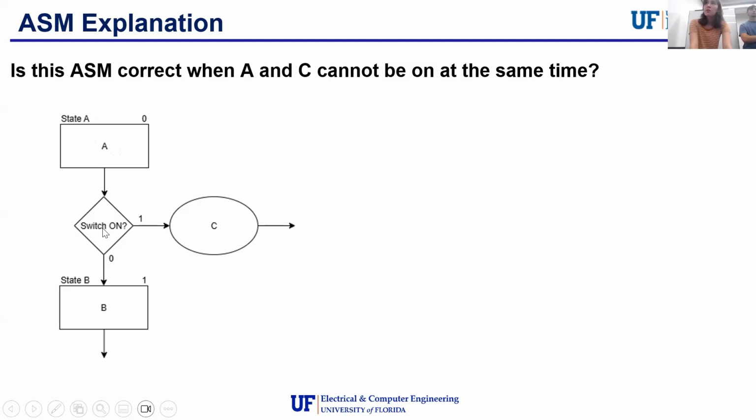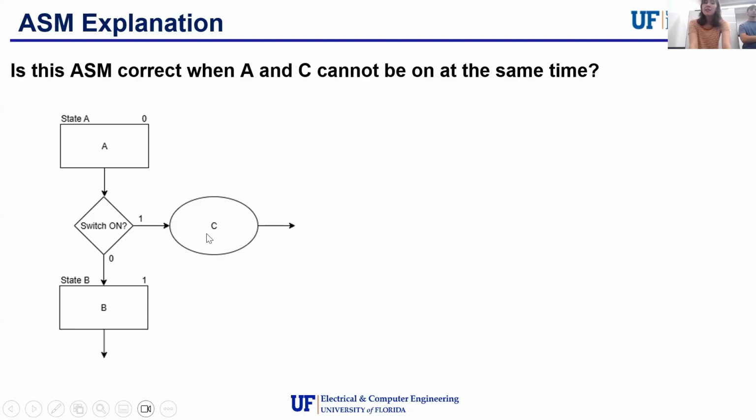From there, it's the same ASM as the last slide, where during this state, we check, is the switch on? And if it's on, then we turn C on. If it's off, then we will progress to the next state, state B. So in this case, we know that A is on when the state starts, and if the switch is on, then C is also going to be true.